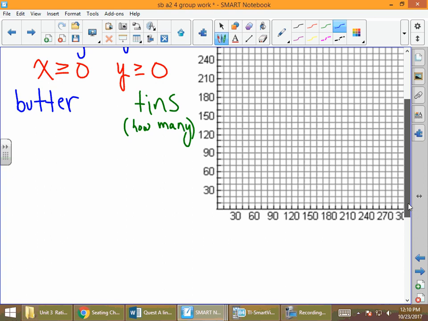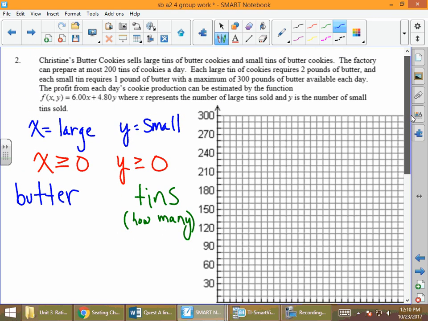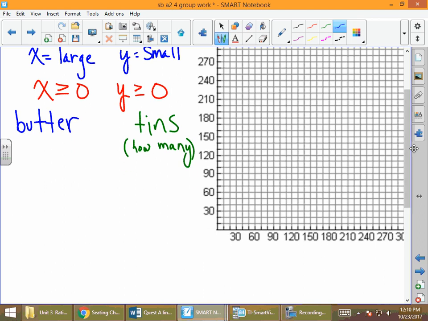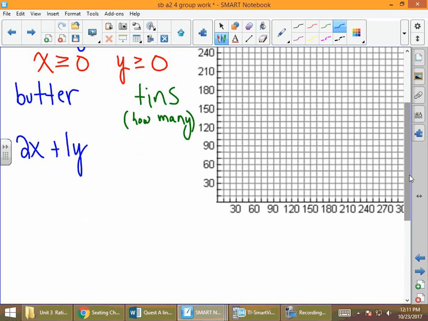But if we go back to the butter thing, it says each large tin of cookies requires 2 pounds of butter, and each small tin of cookies requires 1 pound of butter. And how much butter do we have available? 300 pounds of butter.